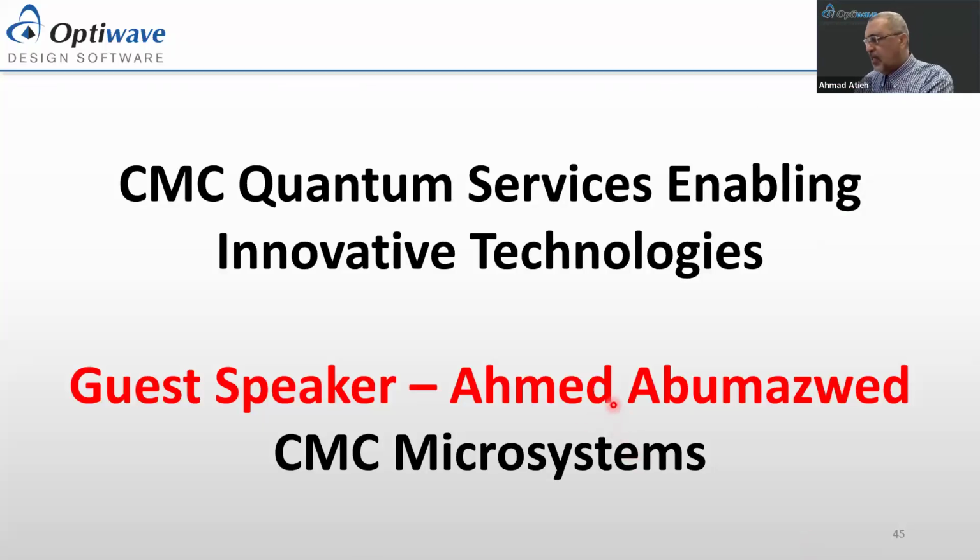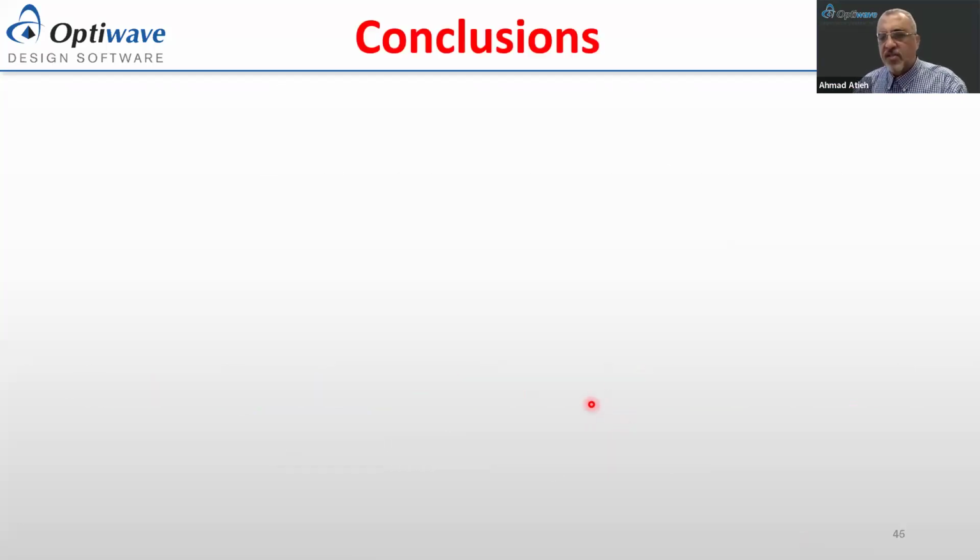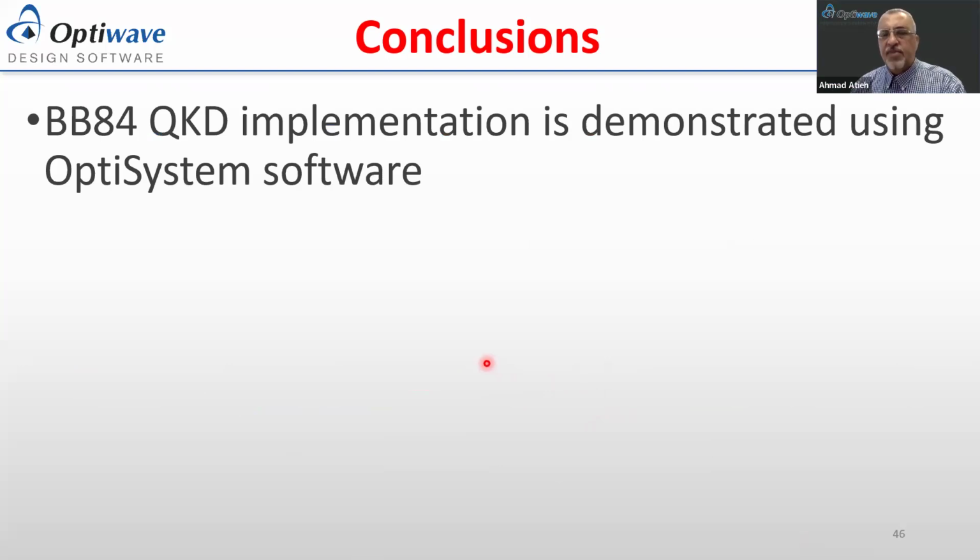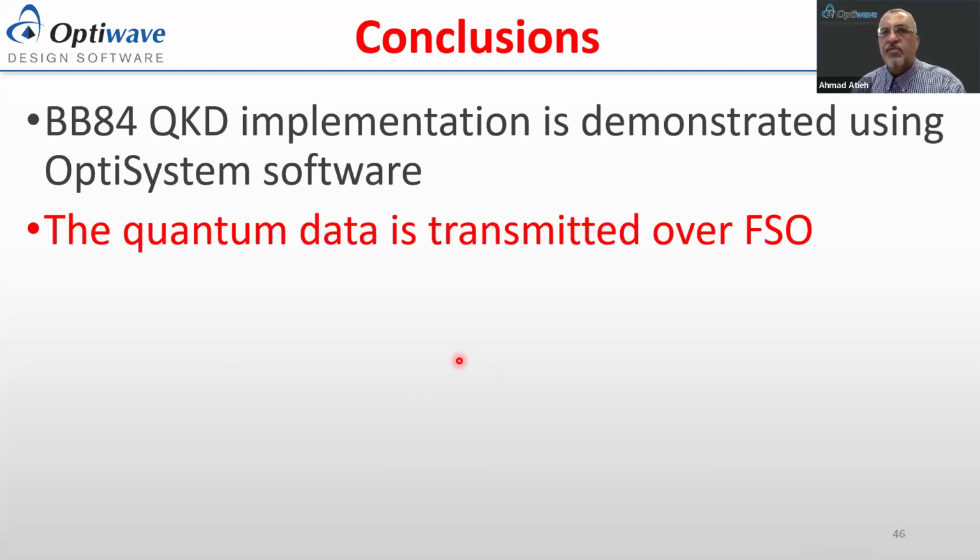Okay, so what we have here next is just concluding the presentation. In this presentation, what we did is present the BB84 quantum key demonstrated using OptiSystem software with the COW software model as well.